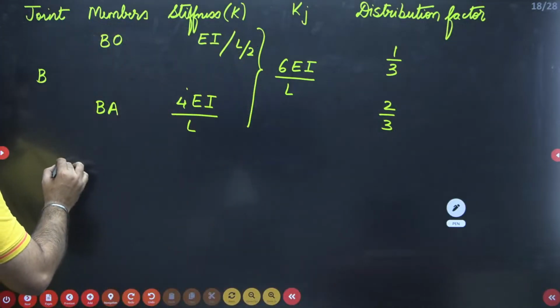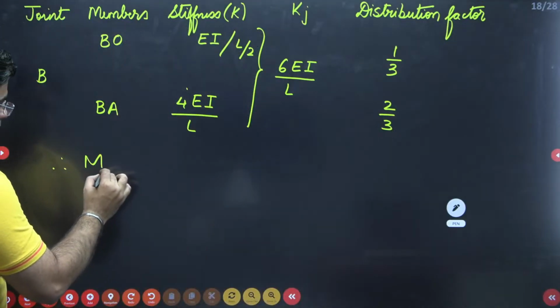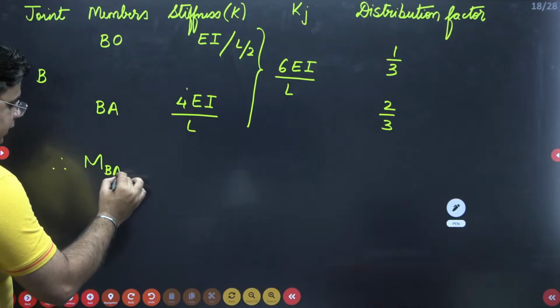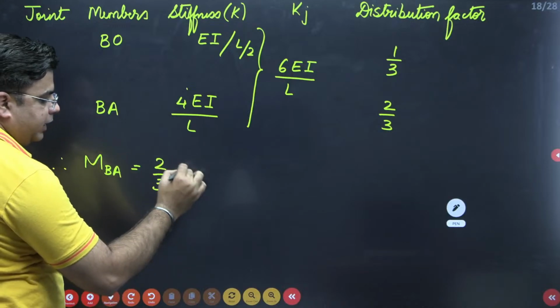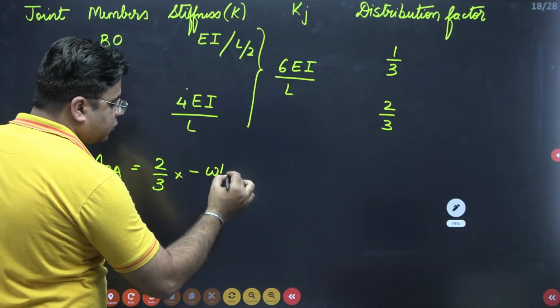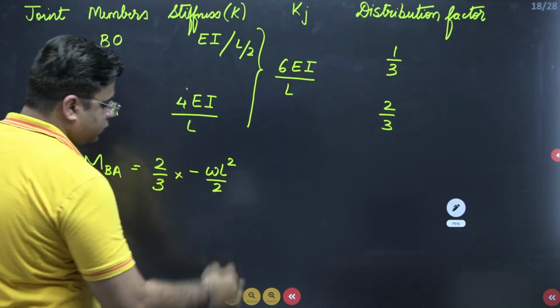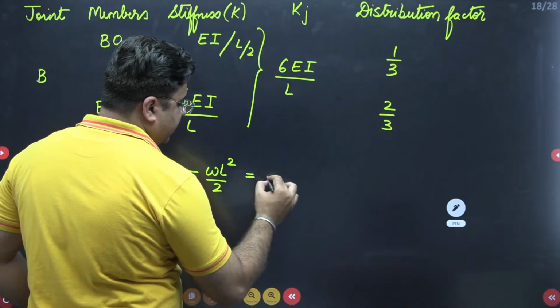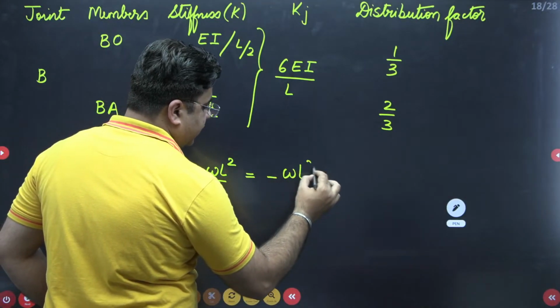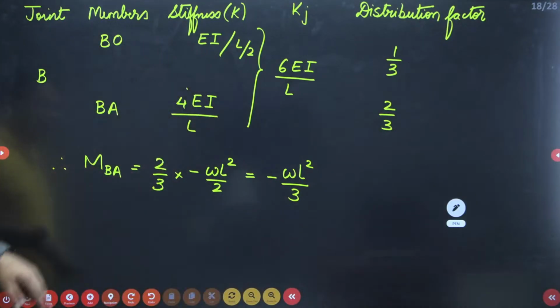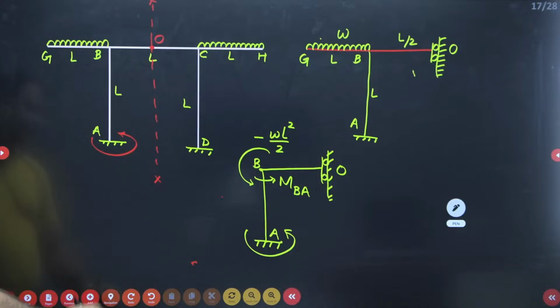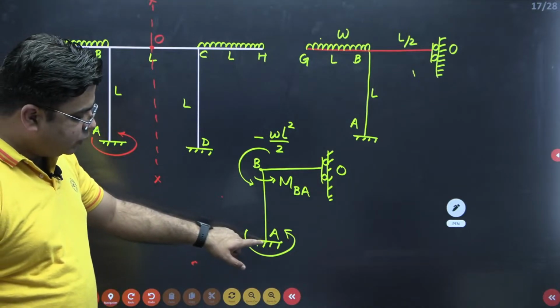Therefore, moment MBA is 2/3 of the total moment over the joint B, which is minus WL square by 2. So this comes out to be minus WL square by 3. This is your moment MBA. Now when you observe this, this is your fixed joint.